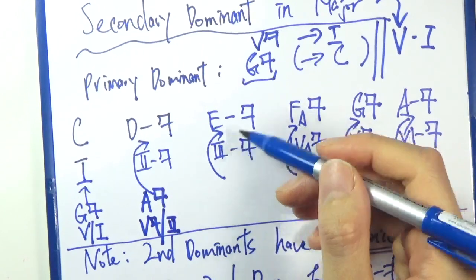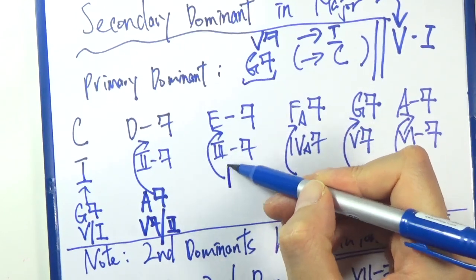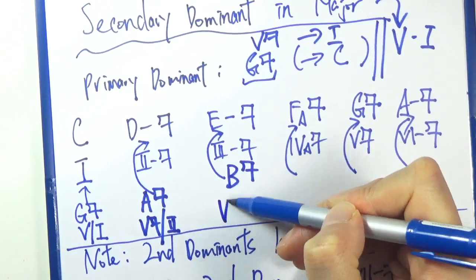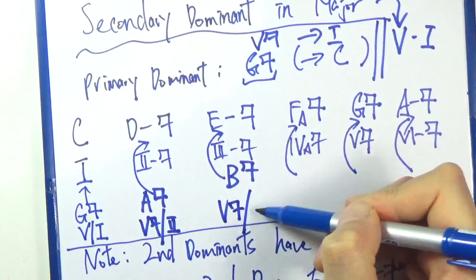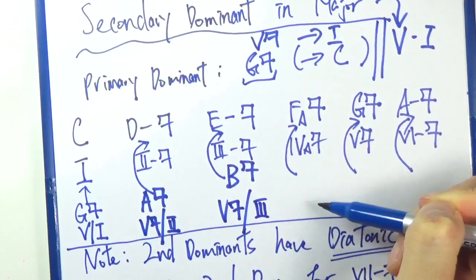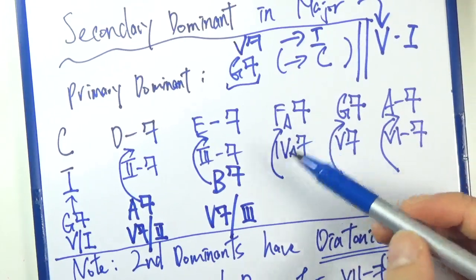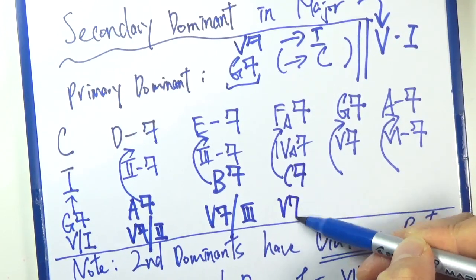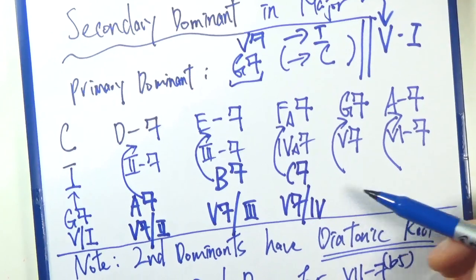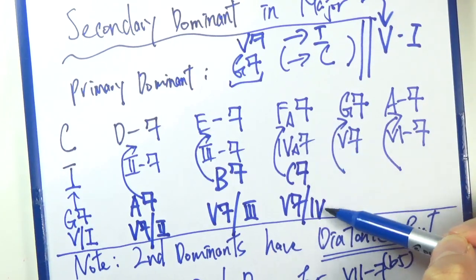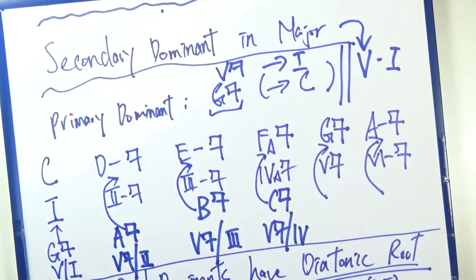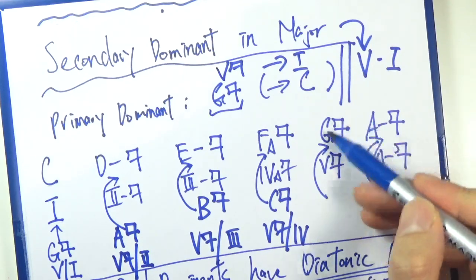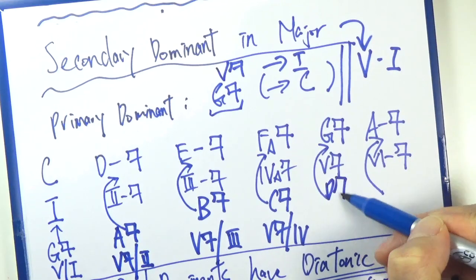All right, so let's do a few more. The V chord of E minor should be a B dominant 7, and we call it a V7 of 3. Moving on, we have C dominant 7. And that's the V7 of 4, since F major 7 is our 4. G dominant 7: yes, you can have a secondary dominant for the primary dominant, and that would be a D7, right?